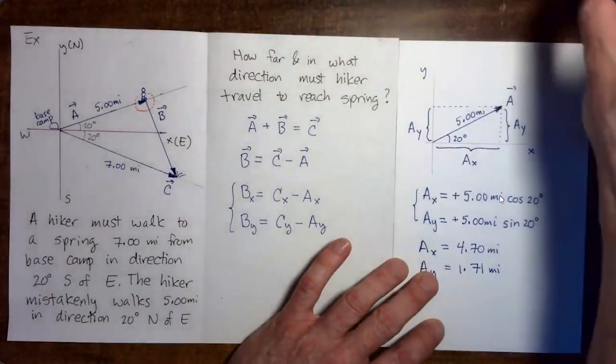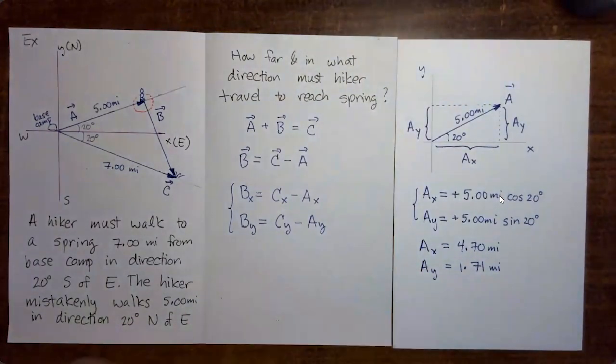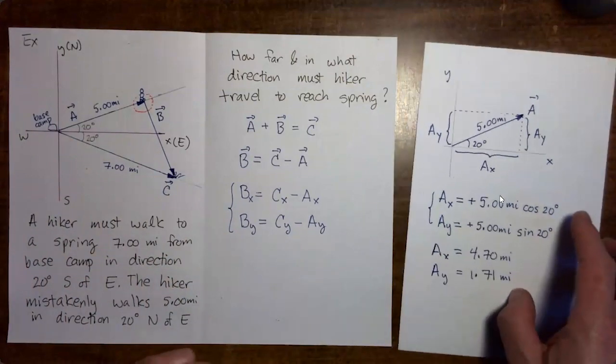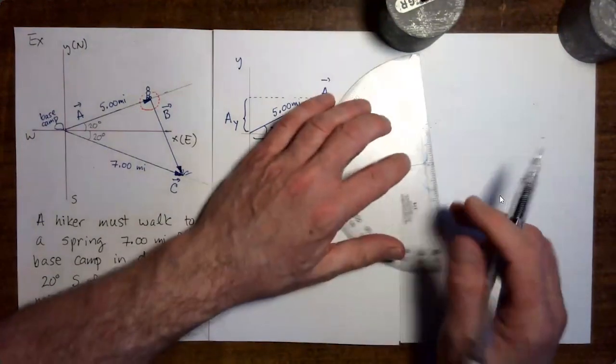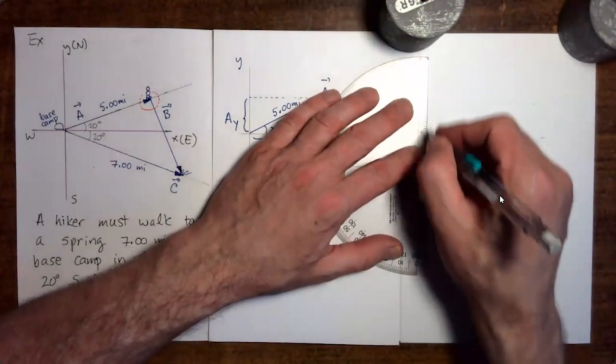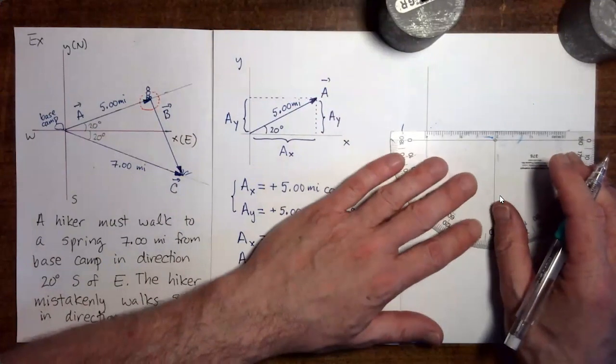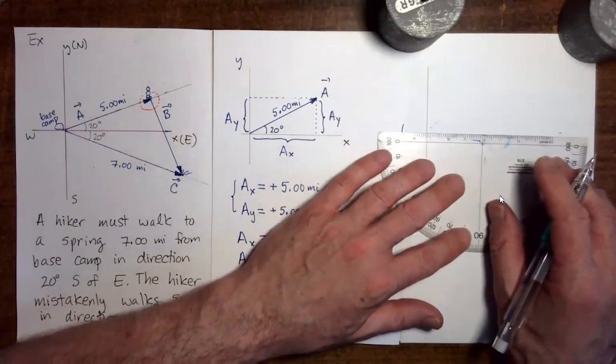All right, now let's go to vector C. And I would encourage you, before watching what I do next, see if you can go through the entire process for vector C on your own before you look at how I do it. All right, now let's find vector C. So we're going to give vector C its own coordinate axes.